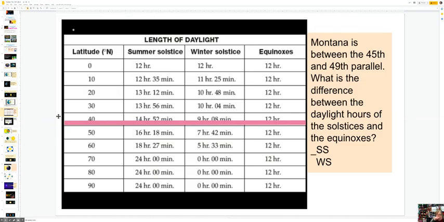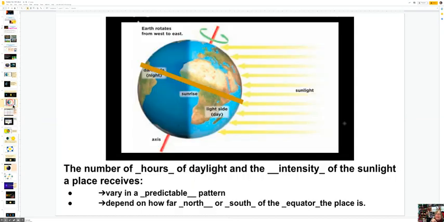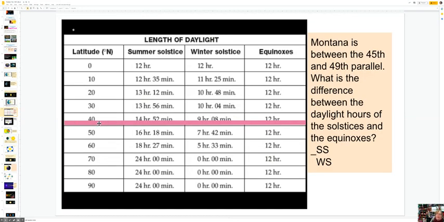Now, kids, this line I drew on here is to show you where the equator is. Kids, I think it's a little off, but not too far. Kids, on this slide, I put in a line to show you where Montana is in terms of being north of the equator.